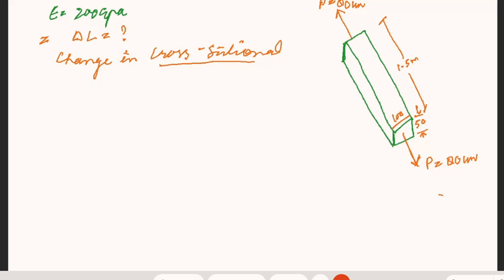There will be some change when you are applying a tensile force. You already know that it will elongate and it will contract laterally.